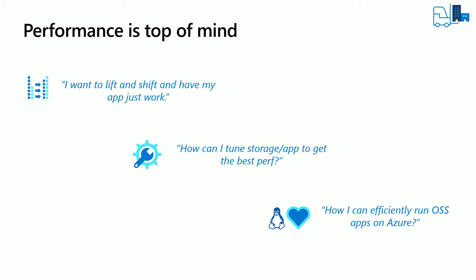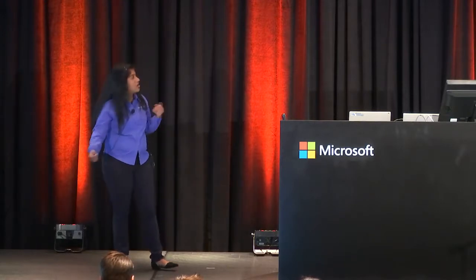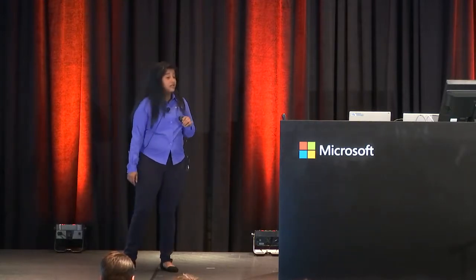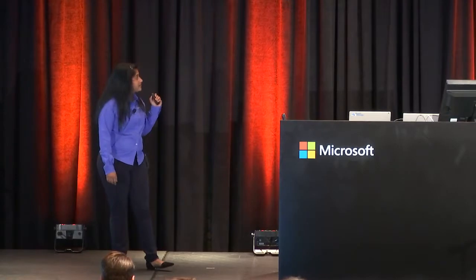And last but not least, we also get questions around, hey, we know you have guidance around SQL Server, but do you also have guidance around other workloads like open source databases and other capabilities? So we're here to answer these three questions today as part of the different workloads that we will cover.